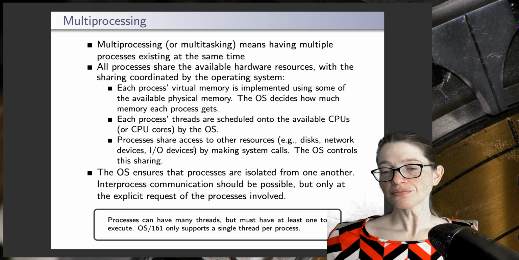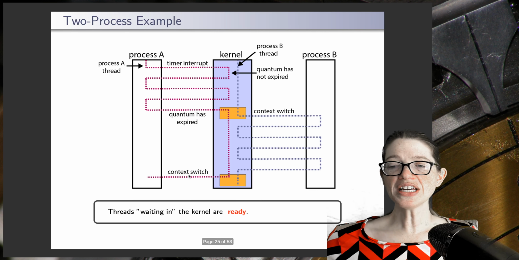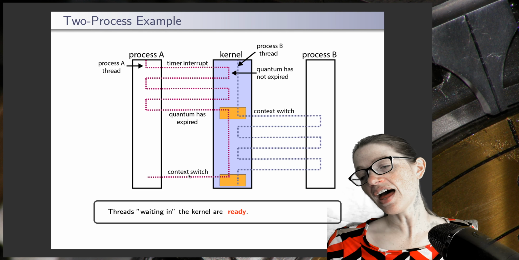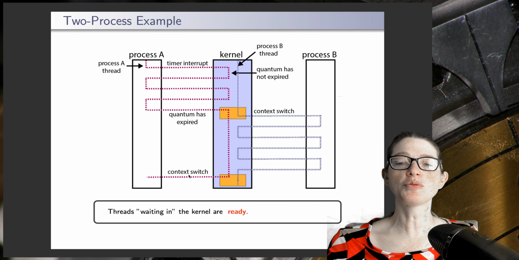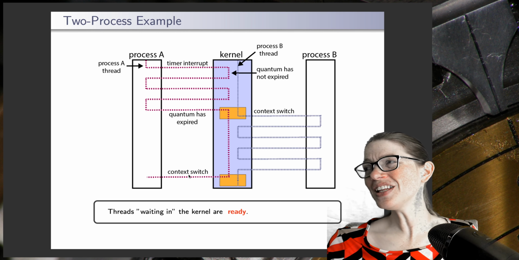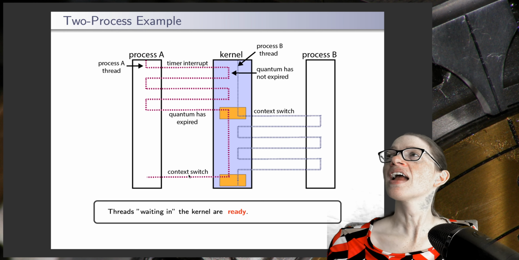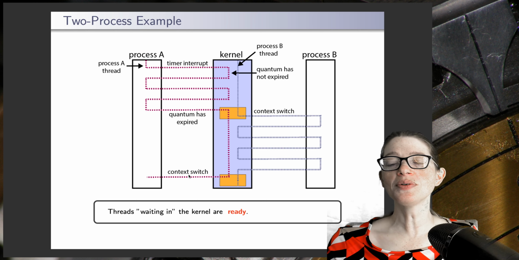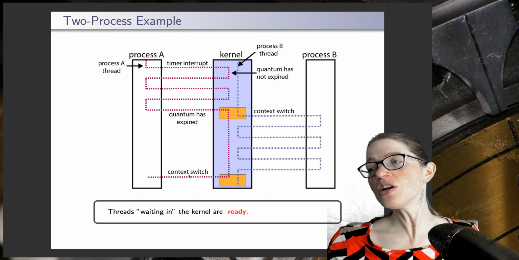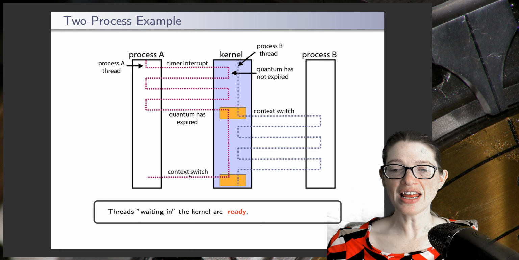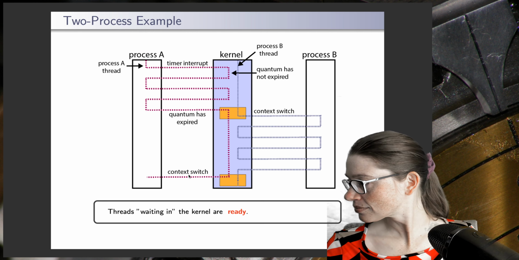So what's interesting is that if we're trying to do context switches between processes, well, we're not really doing context switches between processes. What we're doing is context switches between the threads, because it's not the processes that run, it's the threads that run.